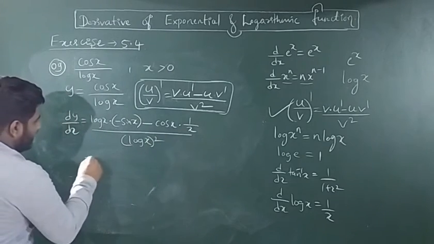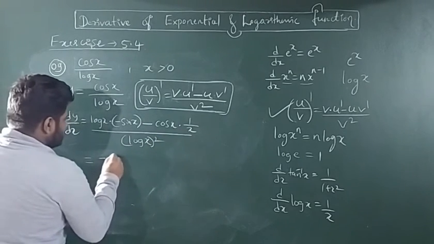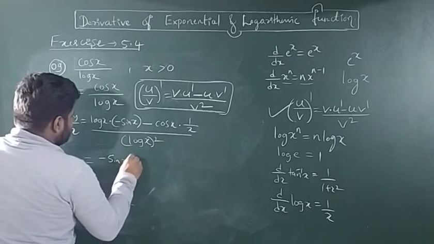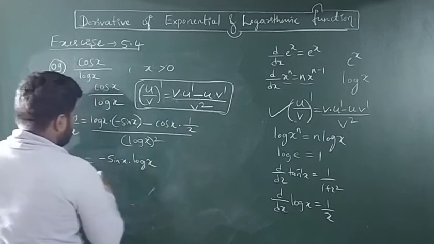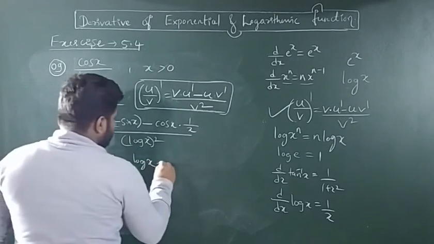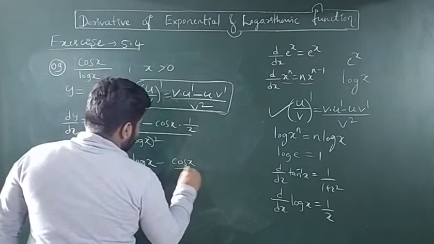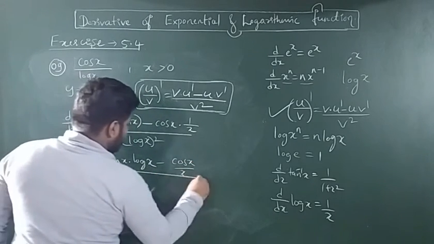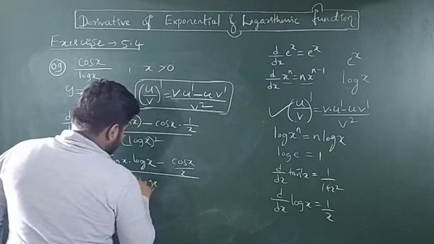Just simplifying, what you are getting? Minus sin x into log x, minus cos x divided by x, whole divided by log x whole square.